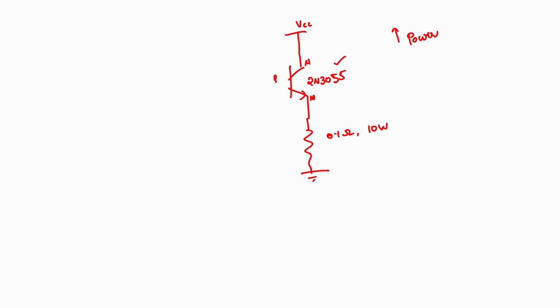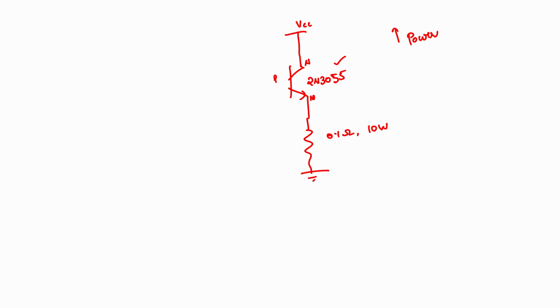Since it has to generate heat, it has to withstand more than 5 amps of current, 3 to 5 amps of current, depending upon the input voltage that you are applying to the system. No matter what, power is an important factor. Since our transistor has to withstand such high currents, that is the reason we have chosen the 2N3055, which is a power transistor.